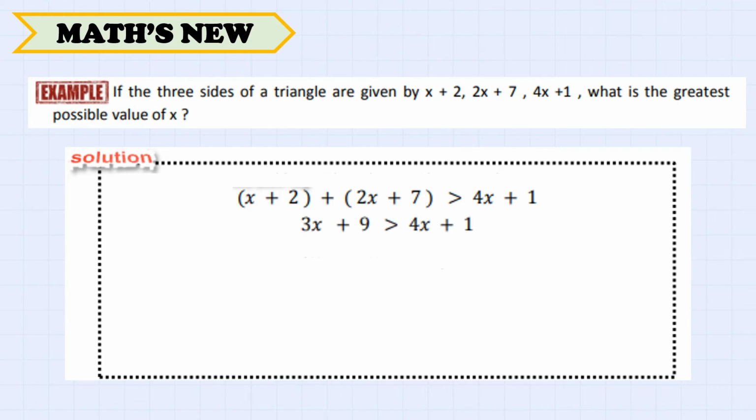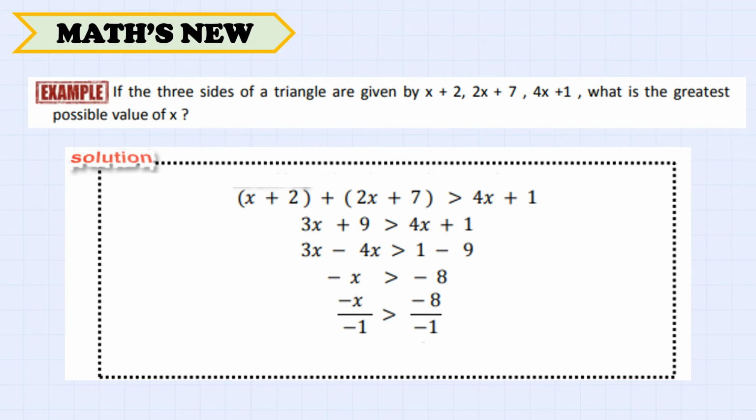So 3x plus 9, by combining the two sides, should be greater than 4x plus 1. Now, by combining the like terms, 3x minus 4x should be greater than 1 minus 9, and negative x should be greater than negative 8.